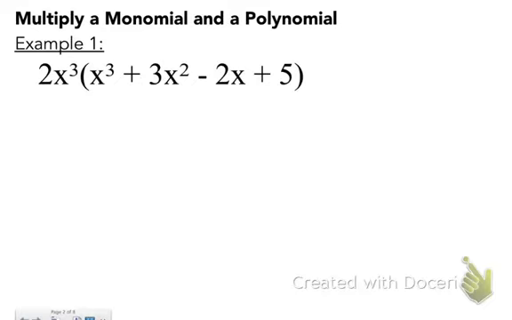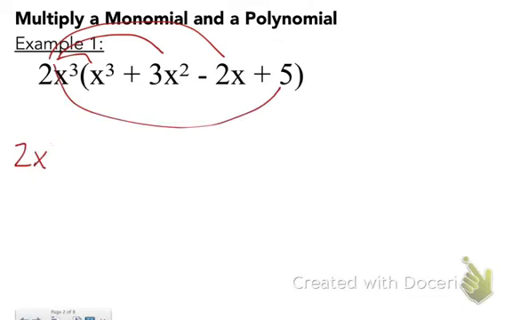If we are multiplying a monomial and a polynomial, remember that means one by itself and one that has multiple monomials together, we're essentially just going to treat it like we're distributing the monomial to each part of the polynomial. So 2x cubed has to go to each one.